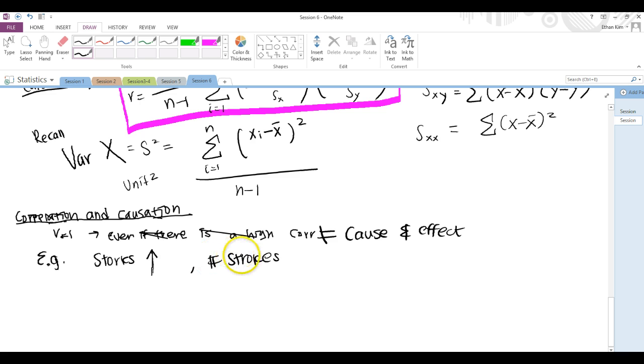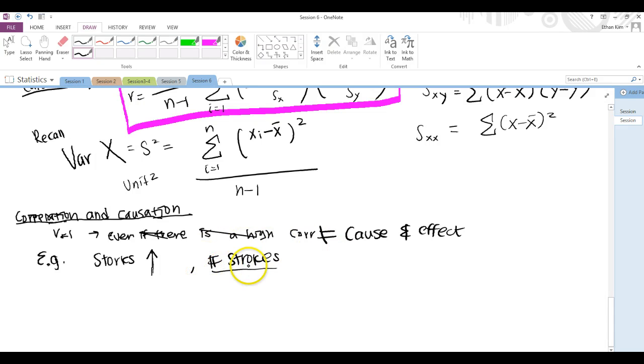Strokes meaning the medical condition, when the blood vessels get clogged up and you kind of pass out. It's really deadly, and it comes from high blood pressure or sometimes diabetes as well.